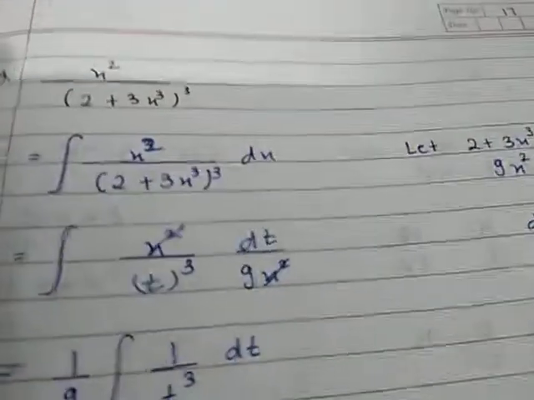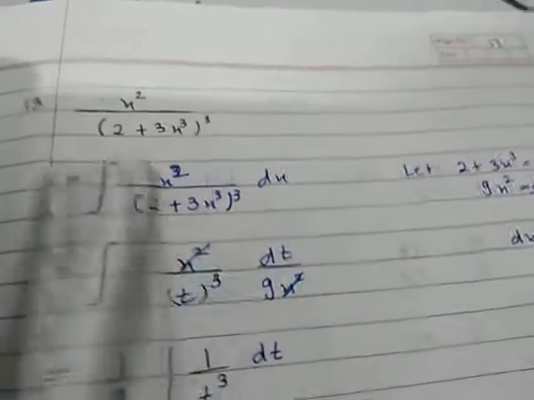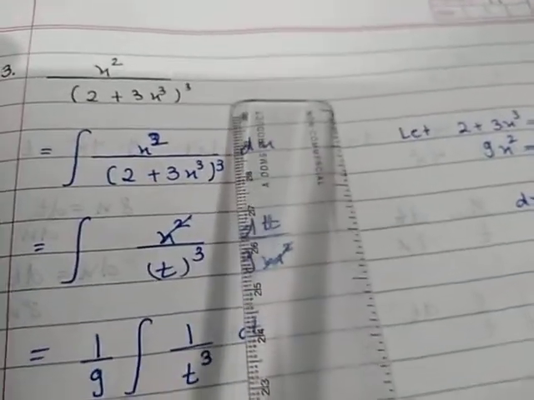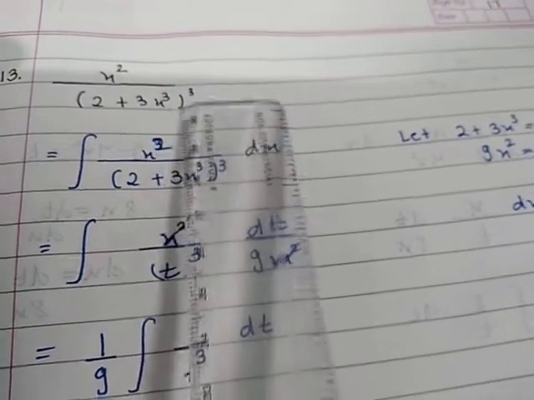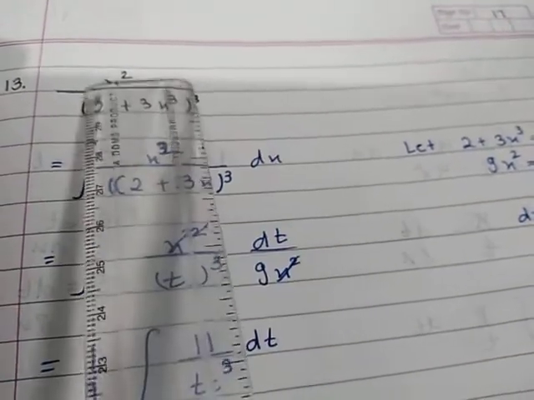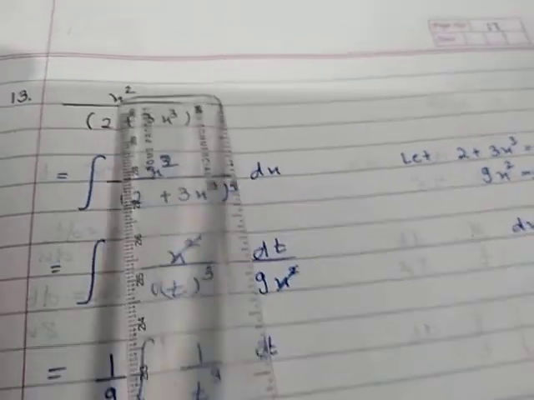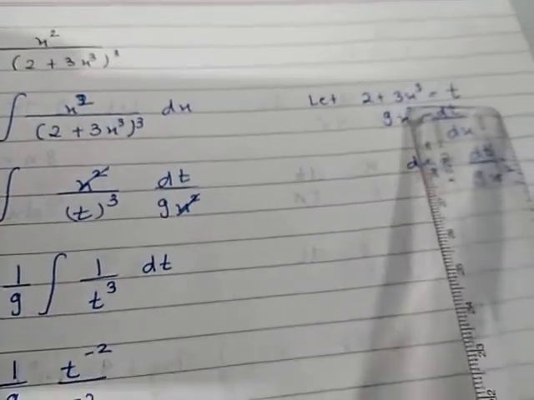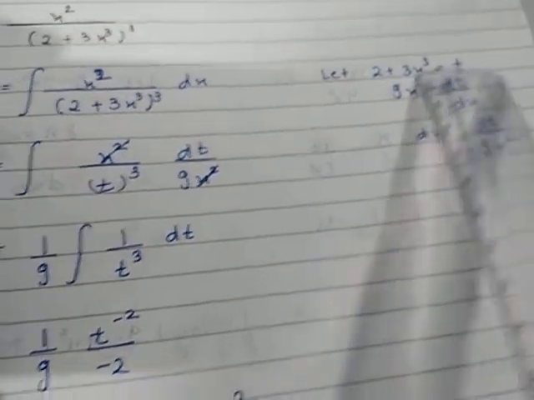Question number 13. x square upon 2 plus 3x cube whole cube. Since differentiation of x cube is x square, 3x square is there. Therefore, the whole 2 plus 3x cube can be replaced by t.